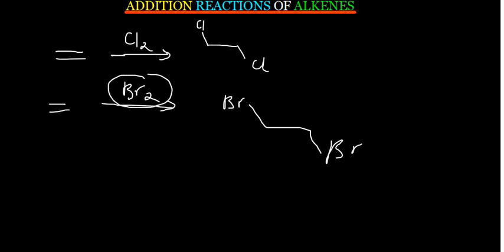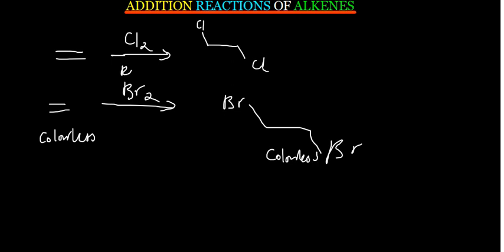When you are using bromine, the compound that you started with, which is the ethene, is colorless. But the result after you add bromine is also going to be colorless.